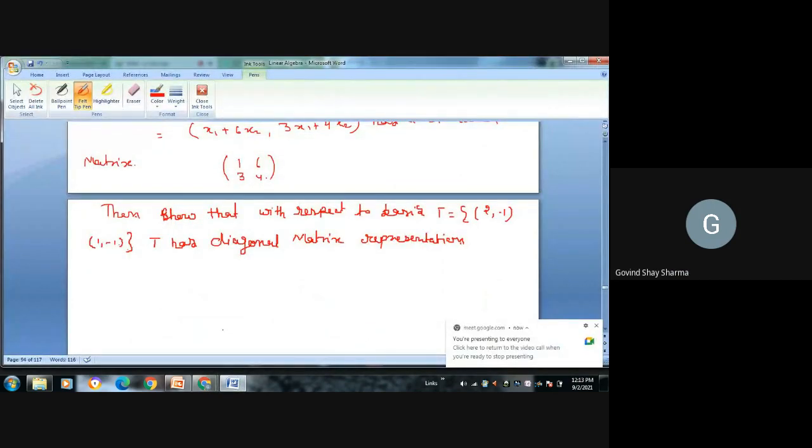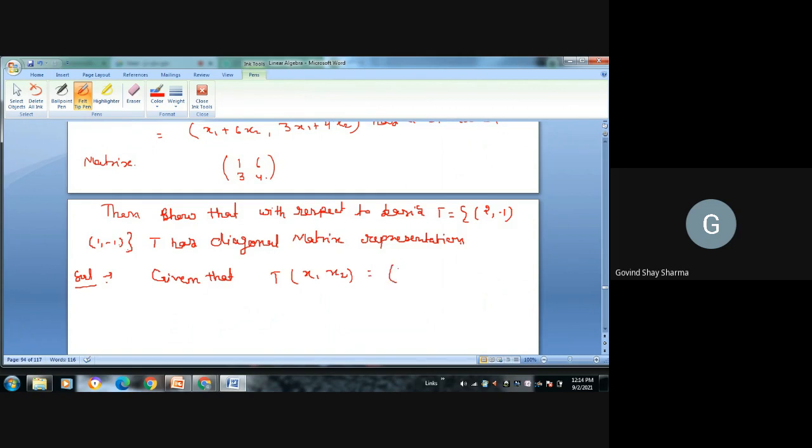Now, given that T(x1, x2) = (x1 + 6x2, 3x1 + 4x2).